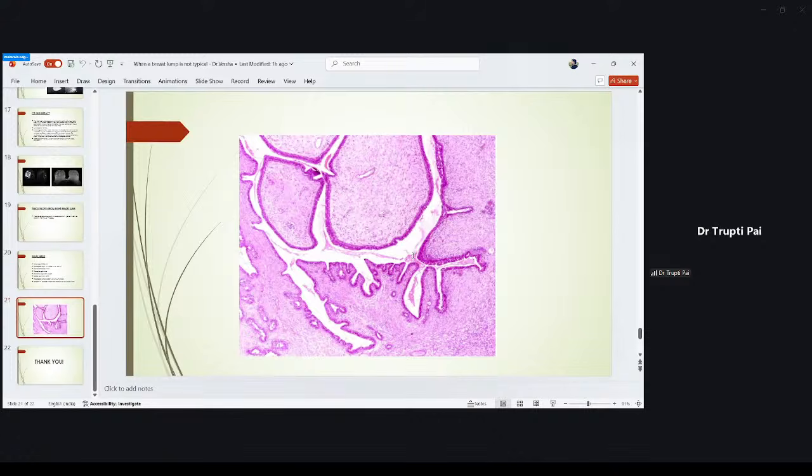We see stromal cellularity, fibroepithelial, so an epithelial component and a fibrous stromal component. We see how much of the biopsy is occupied by stroma. When you see very scanty epithelium, a lot of stroma and a lot of cellularity, it is like a phyllodes tumor.